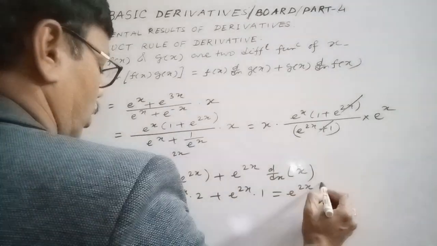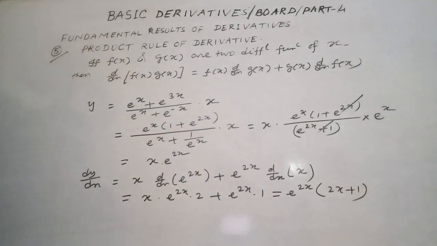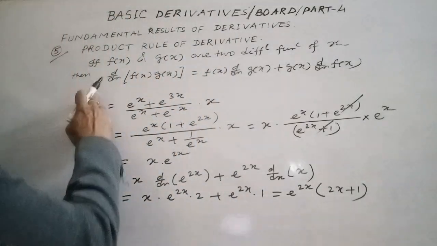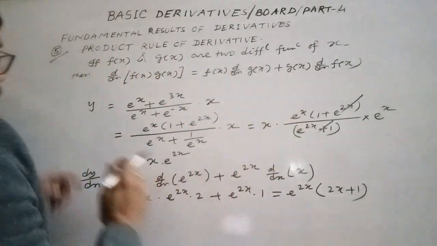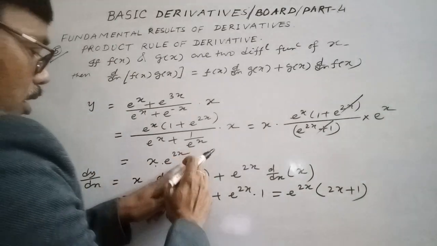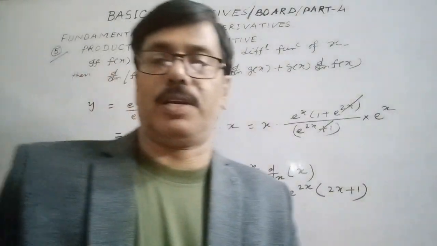So e to the power 2x common, 2x plus 1. So listen again. Try to simplify y if possible. So it is simplified. Use product rule. Apply basic derivatives.